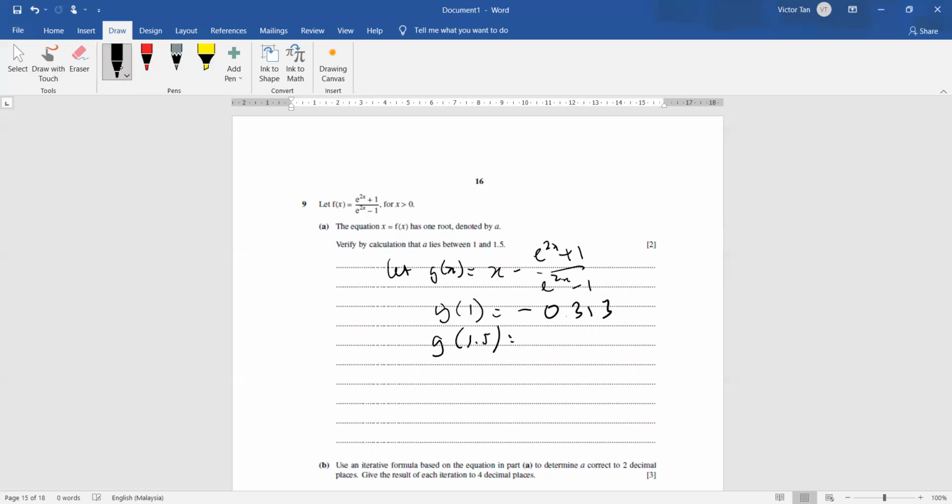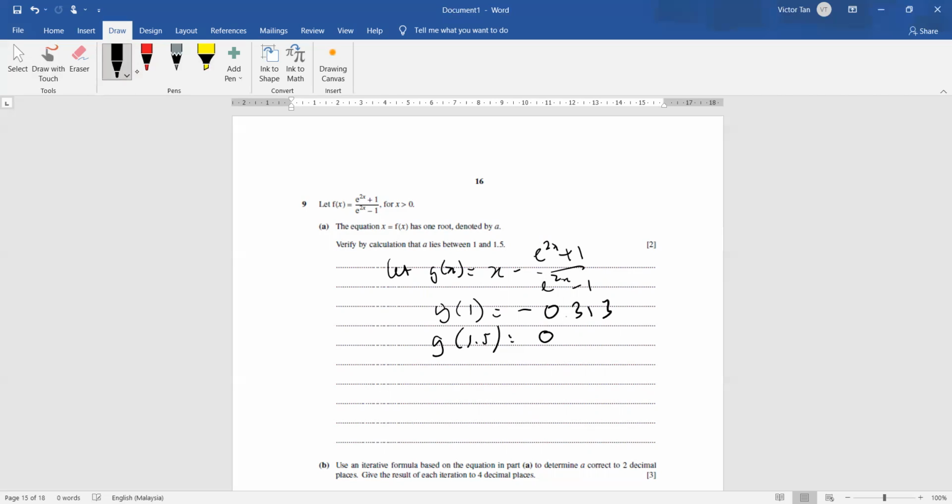We are just showing that one is a positive and one is a negative value. Then we can conclude that the root lies between 1 and 1.5.